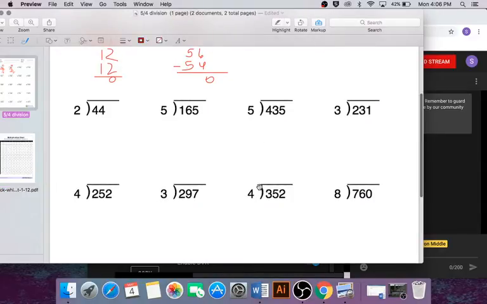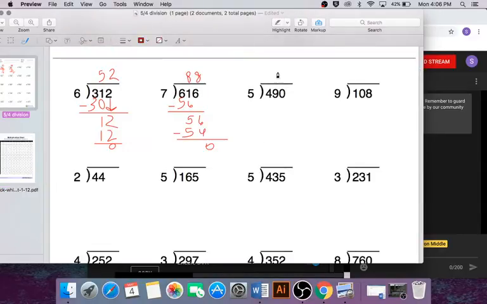So we go back over here, and we put our 9 above the 9. And 9 times 5 is 45. 49 minus 45 gives us 4.